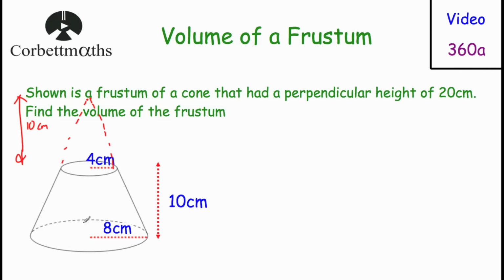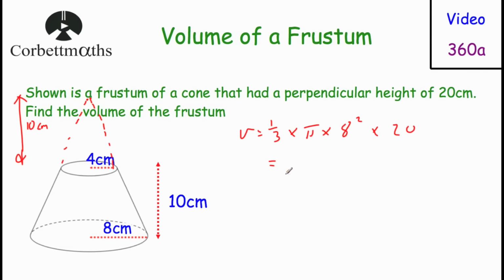We've been asked to find the volume of the frustum, so that's the bit that's left, this part here. To do that, we're going to work out the volume of the cone to begin with, so the whole big cone. We'll then work out the volume of the cone that's been chopped off, and then take them away and see what's left. So let's do the volume of the big cone. The volume is equal to a third times pi times the radius. For the big cone, the radius is 8, so 8 squared, times its height, and we've been told its height was 20 centimeters.